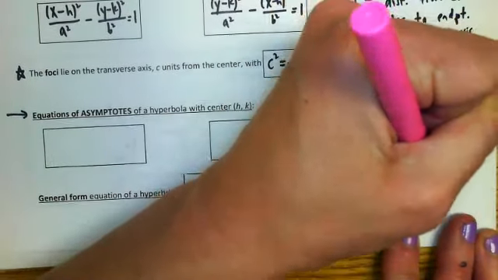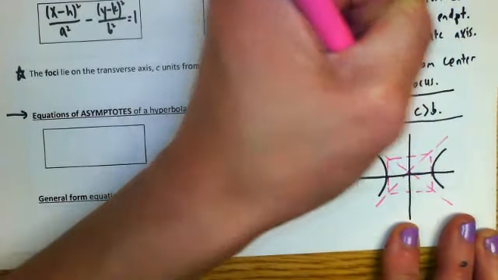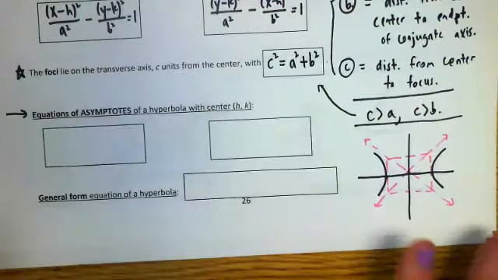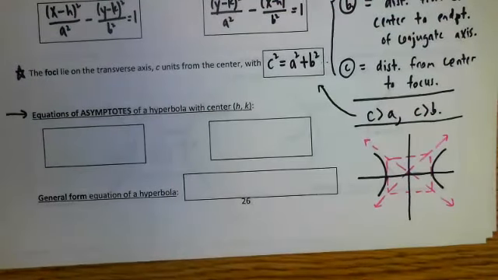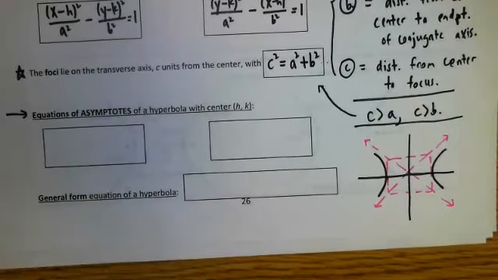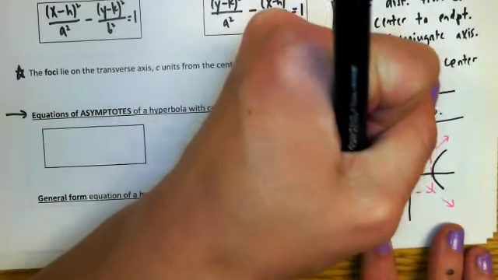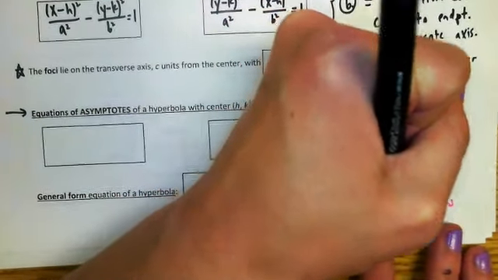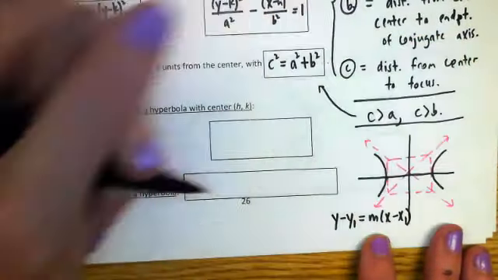And what we're interested in is a quick, common sense way to find the equation of the asymptotes. Well, if I think equation of a line, two things come to mind. Slope intercept form probably comes to mind, y equals mx plus b, or the one that I love, point slope form, y minus y sub 1 equals the slope times x minus x sub 1. And you have an easy out here.